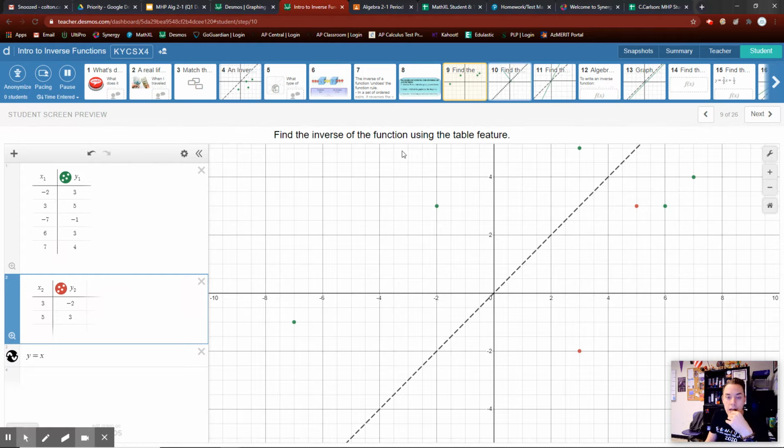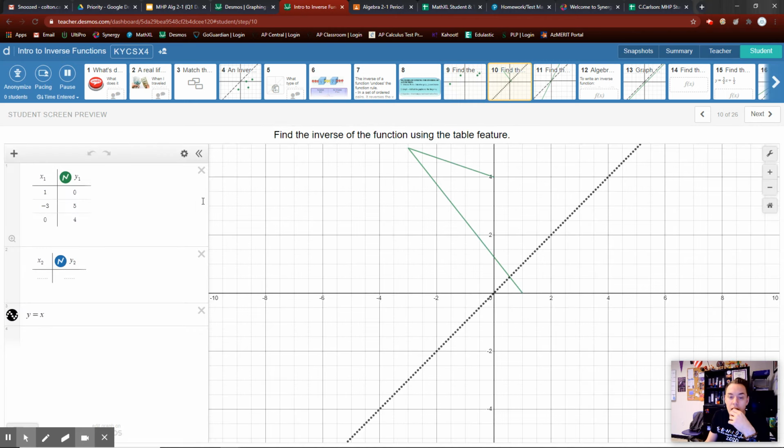Let's move on. Now what it's going to say is find the inverse of the function using the table feature. Well, I have coordinates here, so let's go to town. 1, 0. I'm going to do 0, 1. I have -3, 5, so I'm going to do 5, -3. 0, 4. I'm going to do 4, 0.